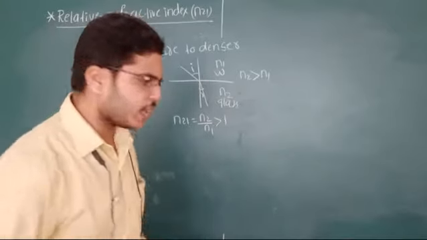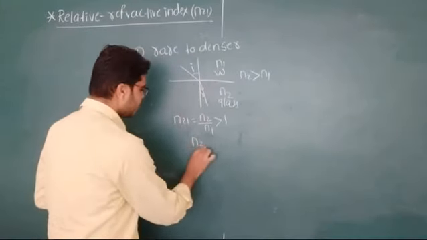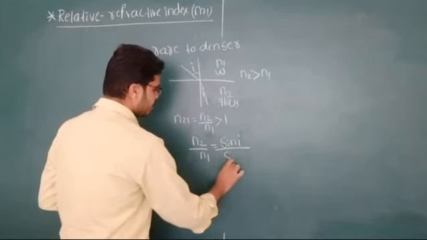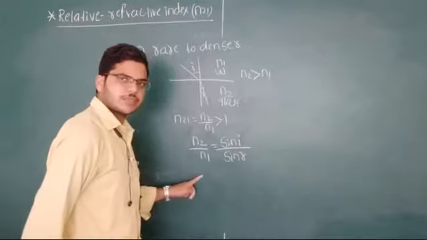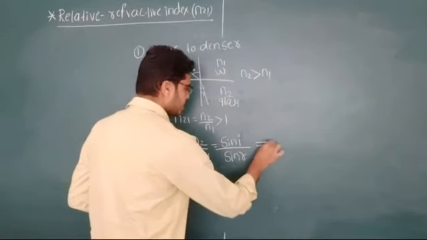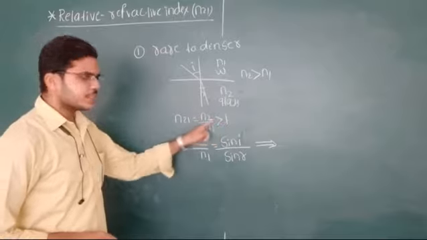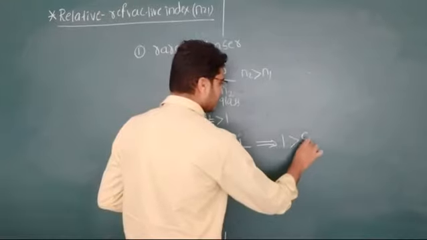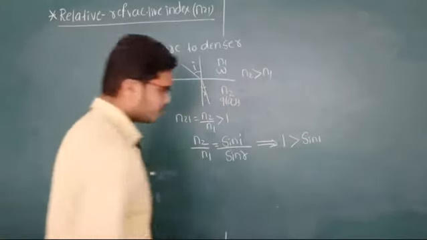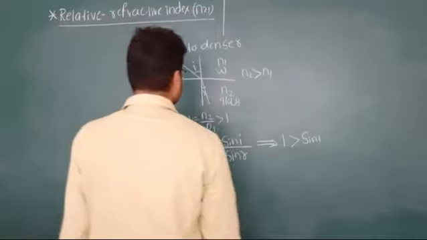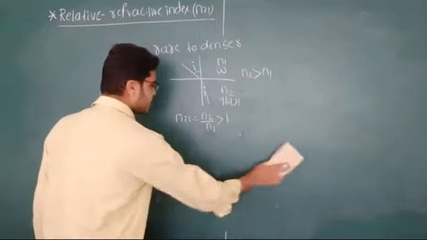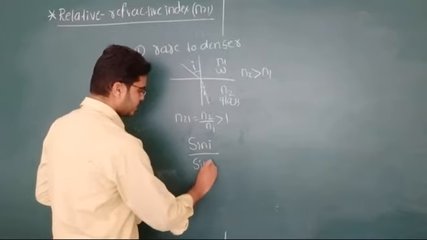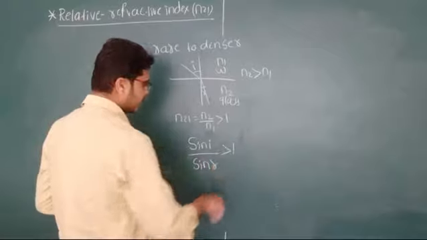By using Snell's law, what can I write? N2 by N1 is equal to sin I divided by sin R. Is it clear? Here N2 by N1 is greater than 1. Therefore, we can also write sin I by sin R is greater than 1.